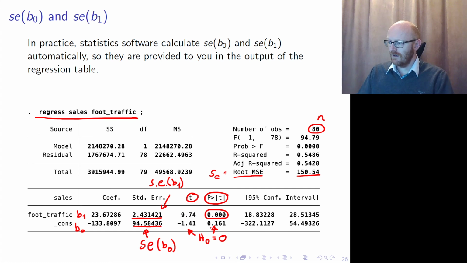Whereas by chance you could get a more extreme coefficient for the intercept in 16% of the times, okay?